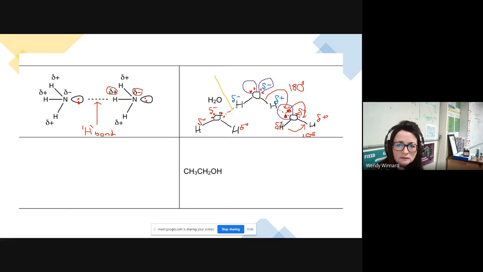This dotty line, because it's not a true bond, is your H bond. This black solid line there is a strong covalent bond. Covalent bond is much stronger than a hydrogen bond. So covalent bond's a proper bond.